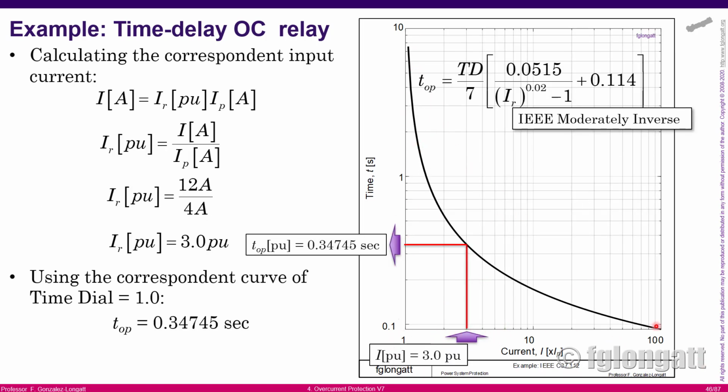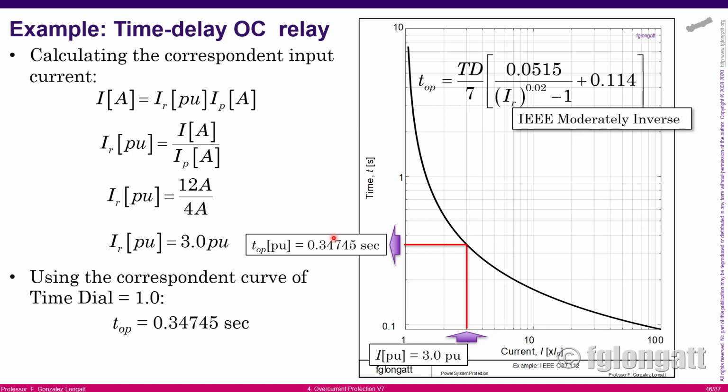We have here the time dial number 1, yes. We go with the 3 per unit, intercept with the current time characteristic, and go to the vertical axis, and the operating time is 0.34 seconds.